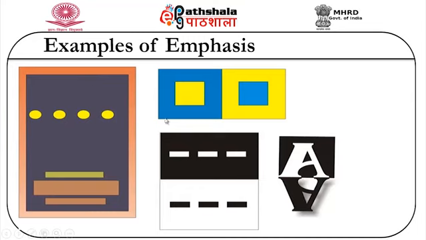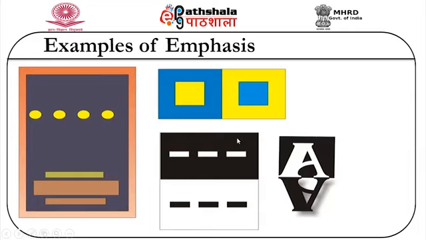These are examples of emphasis. If we see here, the dots are emphasized by having different shapes and a different color when compared to these blocks. Here we can see that the inner square is emphasized by having a different color. Similarly, here also the inner square is emphasized by having a different color.